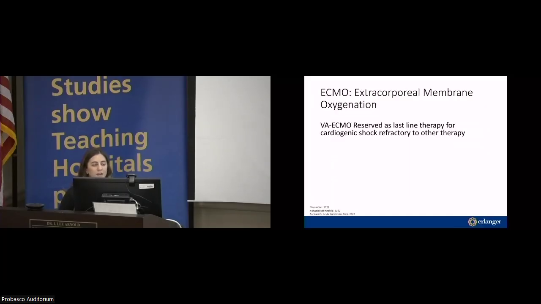And then VA ECMO specifically is reserved as a last line therapy for cardiogenic shock that's refractory to other therapy. Essentially, we're just trying to take the heart's job over by pumping blood and oxygenating our blood in the arterial system. And this is basically just trying to get our patient stabilized until they can recover.